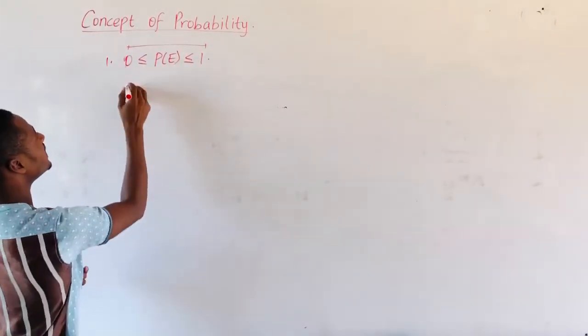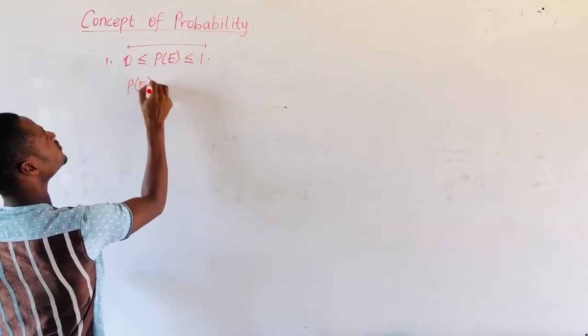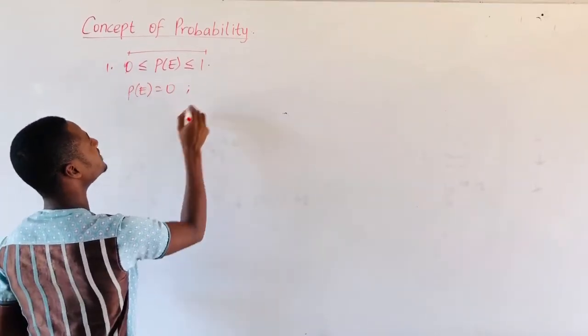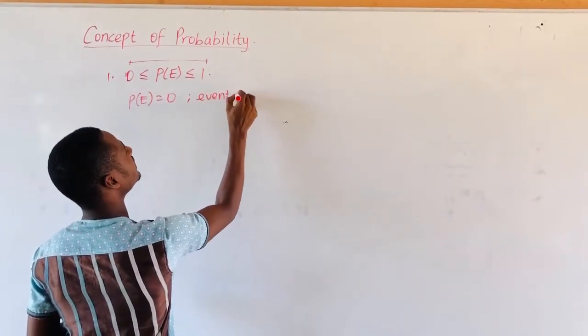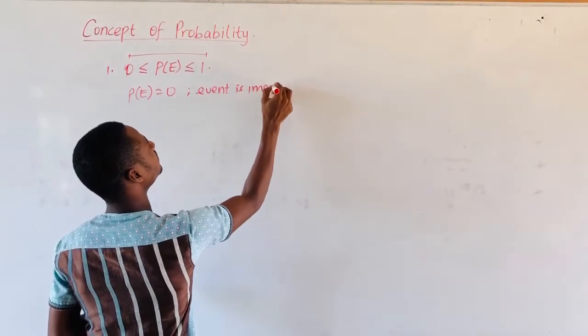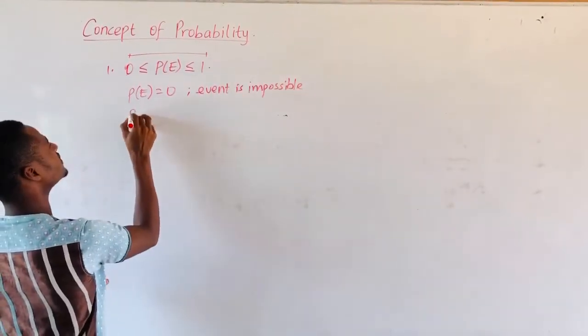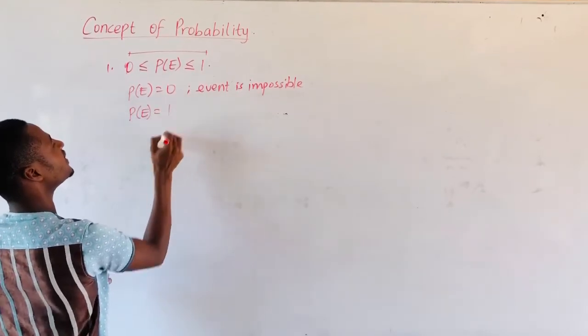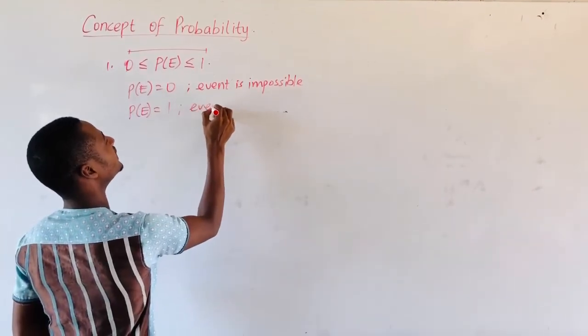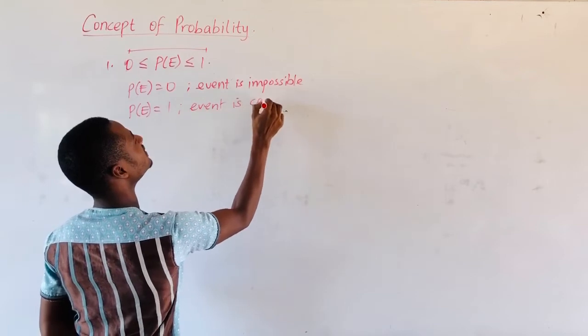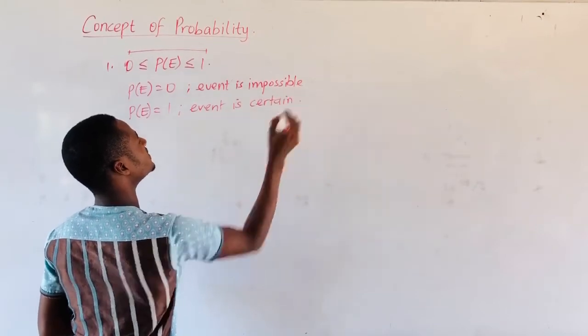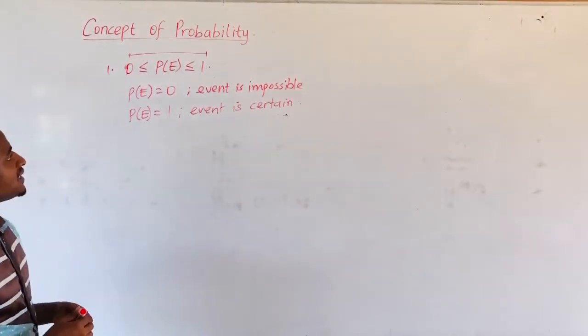When the probability is equal to 0, then we say that the event is impossible. So 0 probability is impossibility. When the probability is 1, we will say that the event is certain. So when probability is equal to 1, we call it certainty.